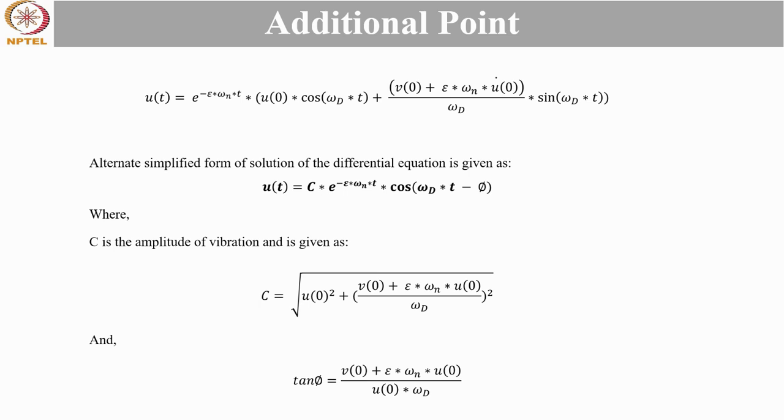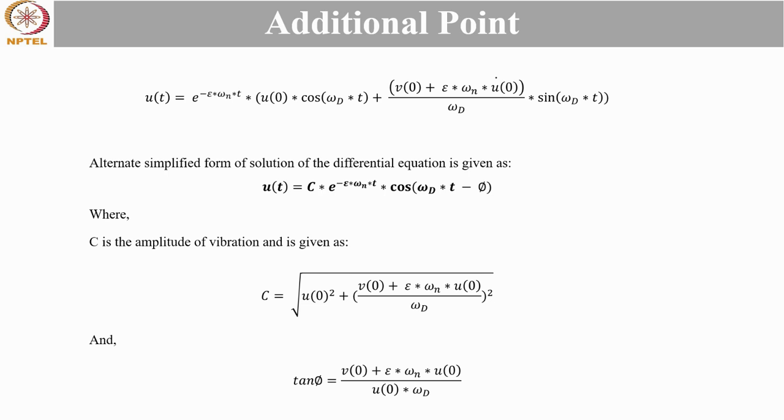It is given as u of t is equal to c times e to the power minus epsilon omega n t times cos of omega d t minus phi, where c is the amplitude of vibration, and it is given as the square root of the sum of squares of the coefficients associated with the cos term and the sine term. And tan phi, the phase difference, is the ratio of both coefficients.